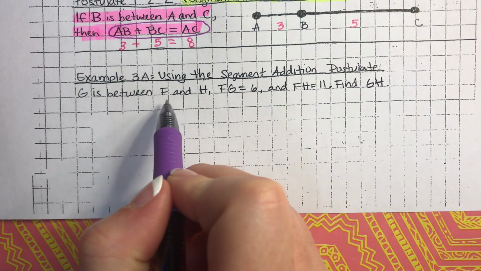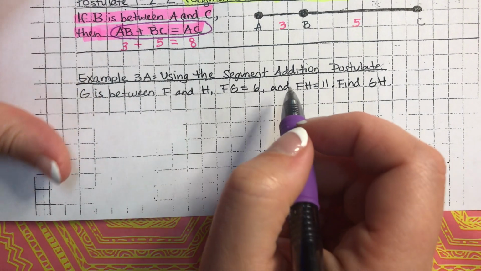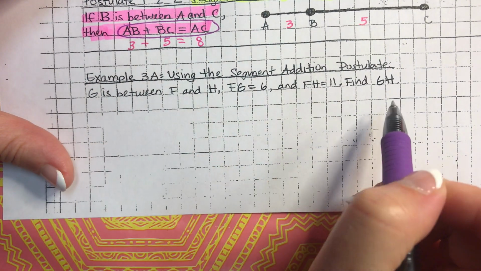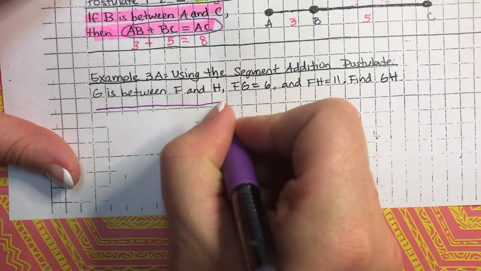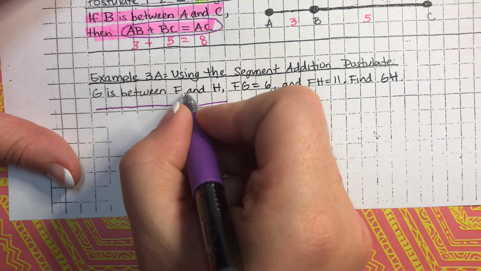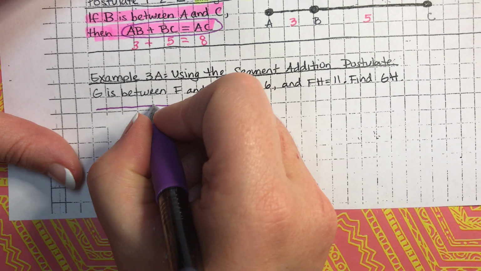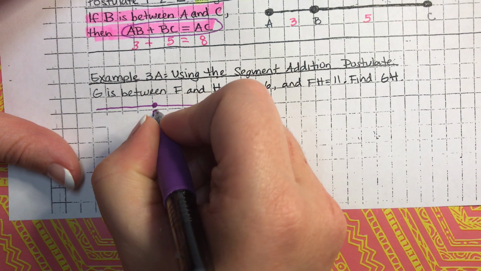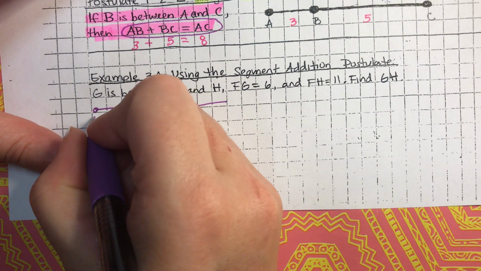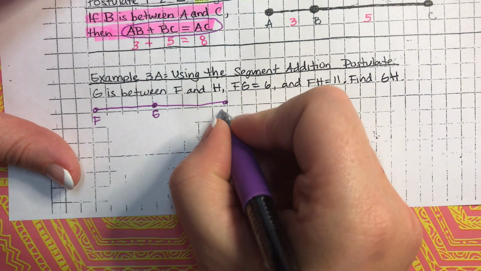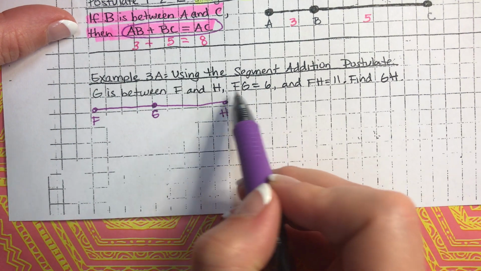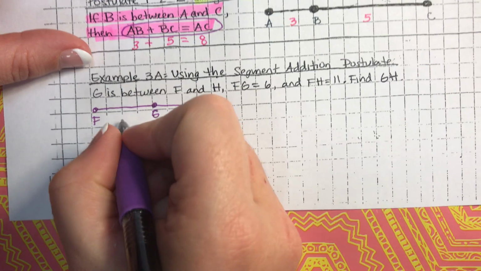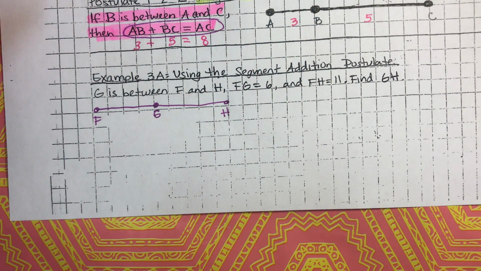It says G is between F and H. So what I like to do is I just like to draw a picture. It's just saying it in words, but I want to draw a picture because it just helps me visualize. So G is in the middle, right? And it's between F and H. Then it says FG is 6.